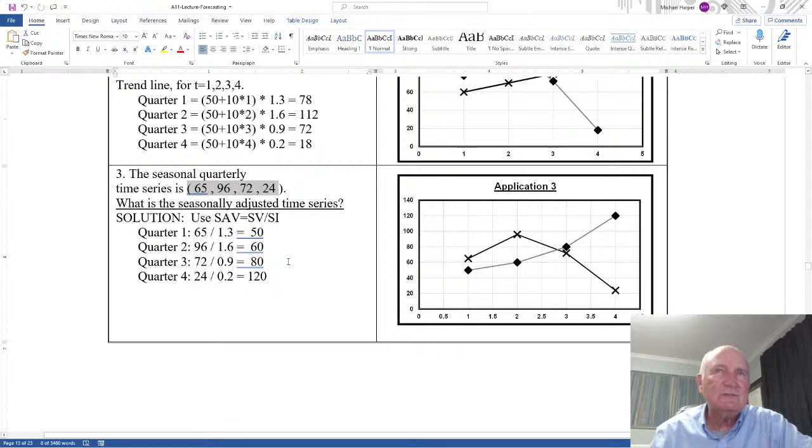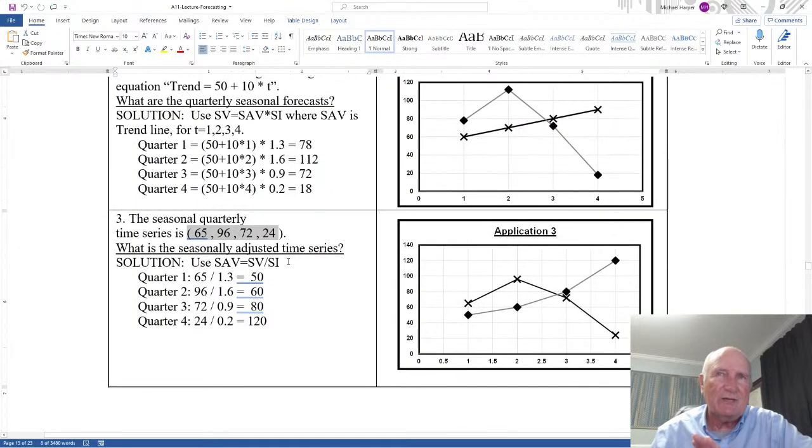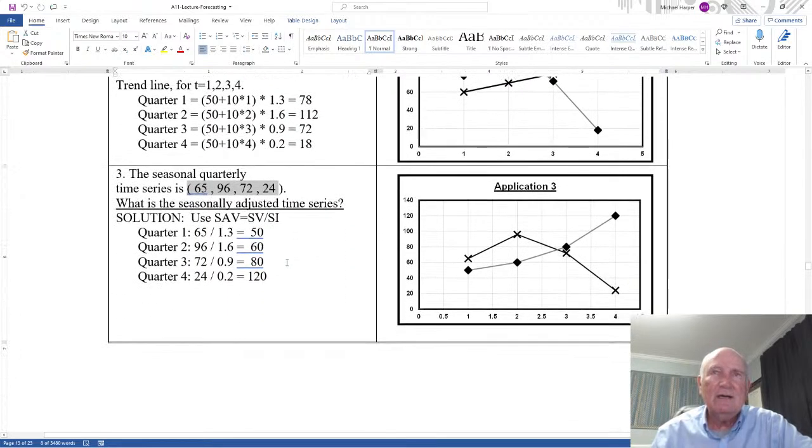But suppose you don't have that. You do have some kind of a trend line, but you have seasonality. Okay. If there's a trend in there, well, the trend looks like it's going down, but the trend is going up. Why?